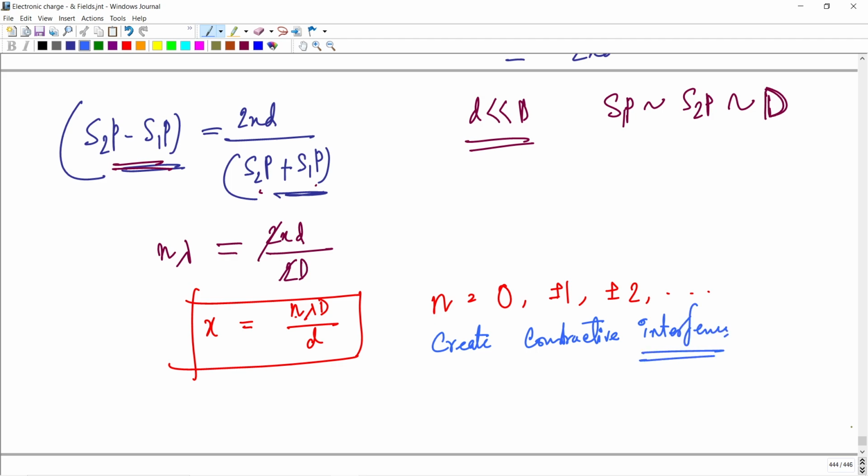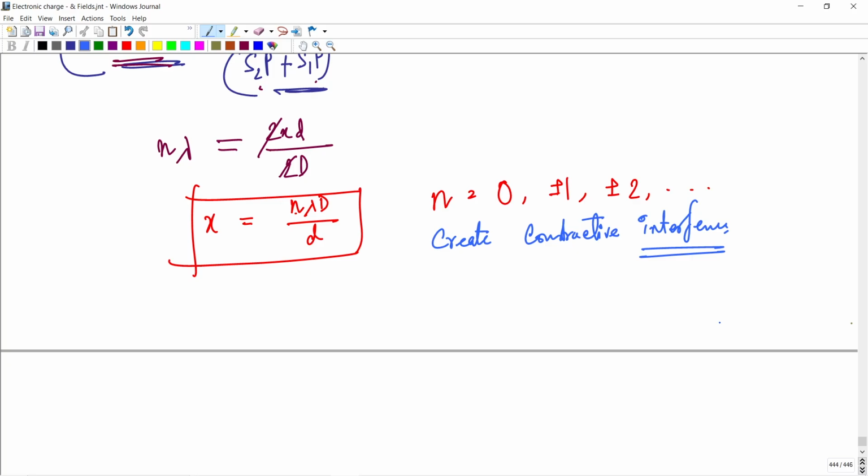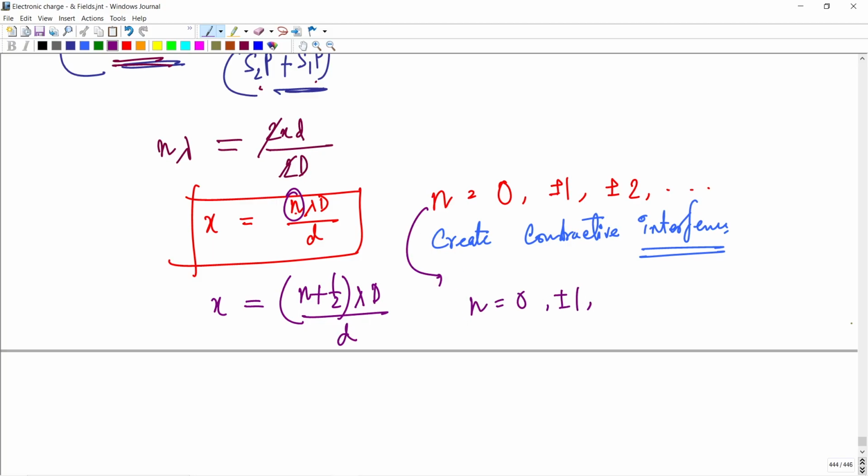Okay, we get a bright spot here. Now, where do we get a dark spot for destructive interference? That is x equals (n plus half) lambda capital D by small d, where n is the same, 0, plus minus 1, plus minus 2.